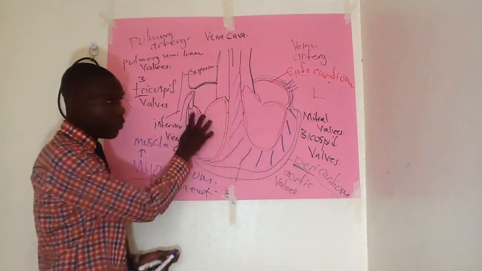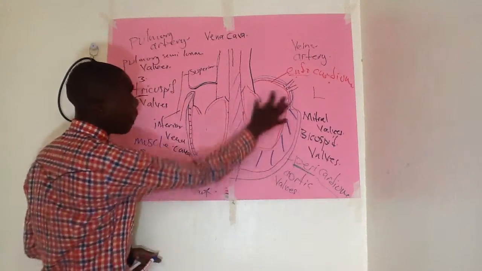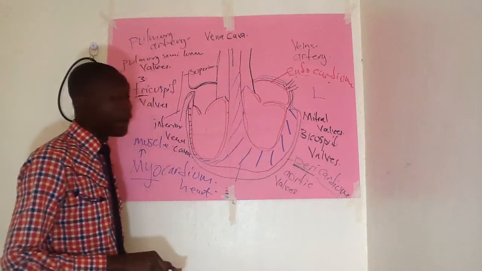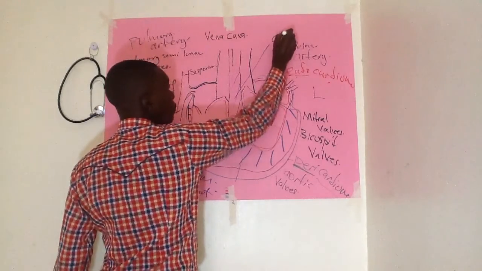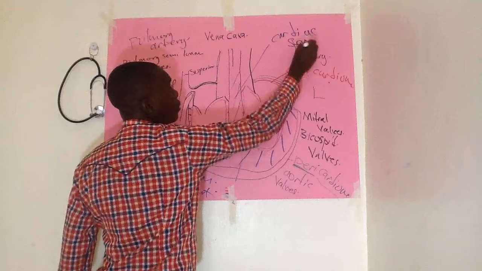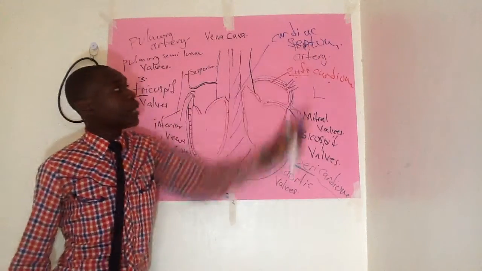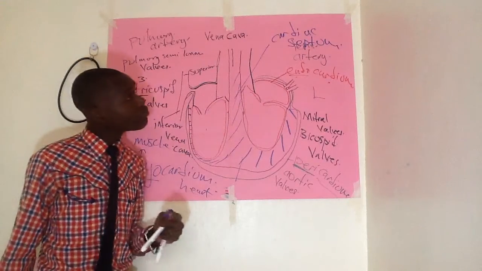So, this muscle separating the body pump from the pulmonary pump is known as the cardiac septum. Cardiac means heart.